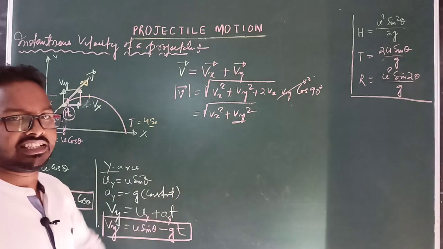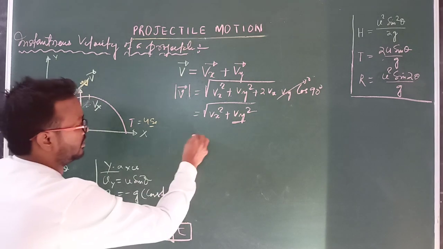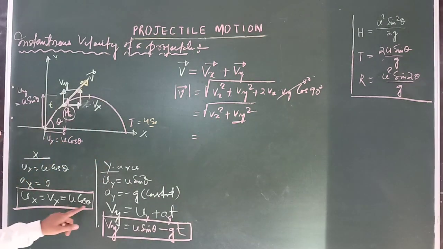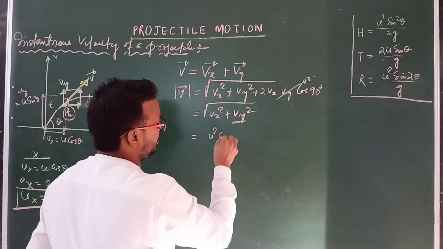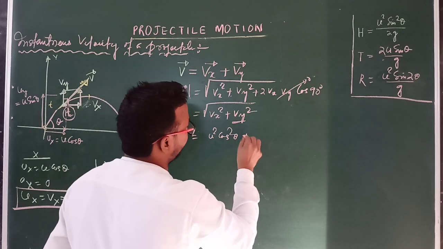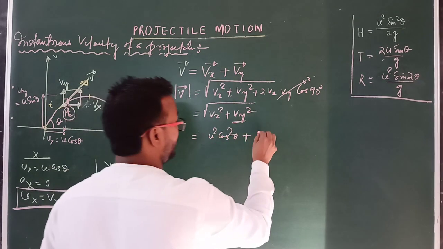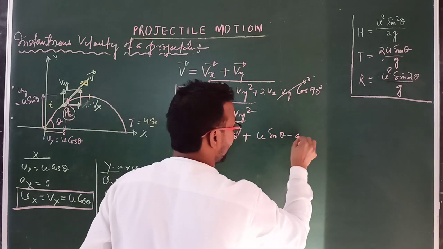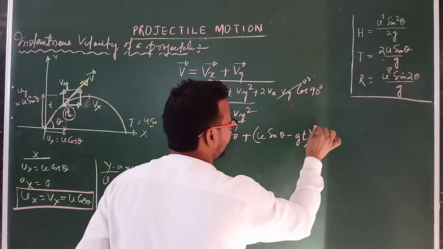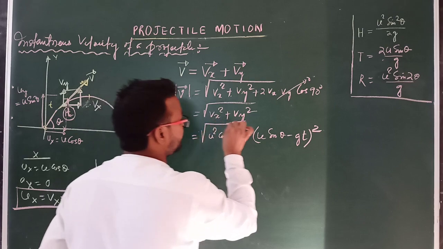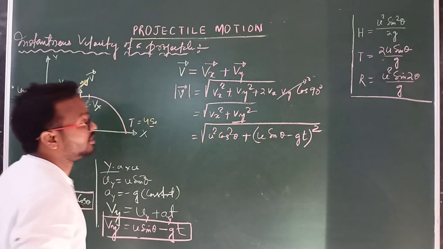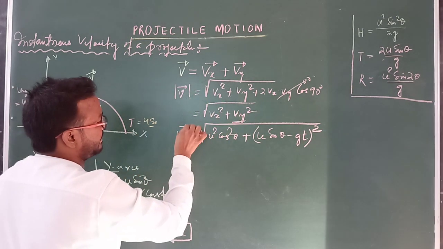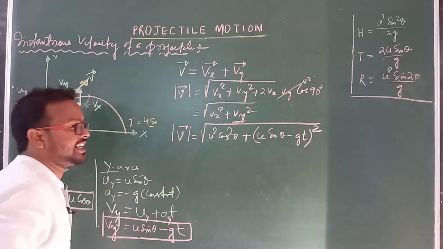Now you have to use these two relations. So v will be under root of vx square, that is u square cos square theta, plus vy square, that is u sin theta minus gt whole square, like this. Clear? So this is the final expression for instantaneous velocity.